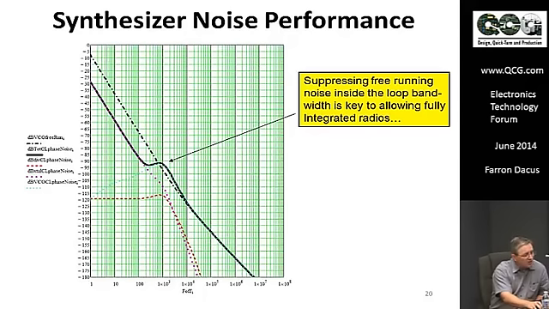Far out, it's rising at 20 dB per decade. As you get a little closer in and start seeing flicker noise in the active components in the VCO, it'll generally transition to 30 dB per decade. And you can predict this noise if you know how.